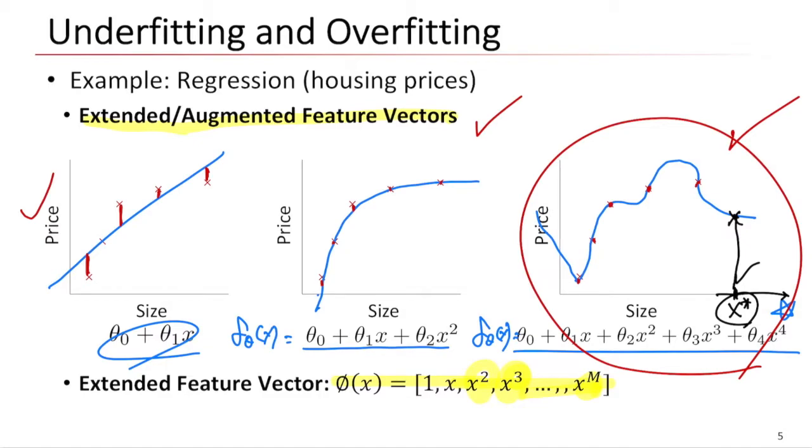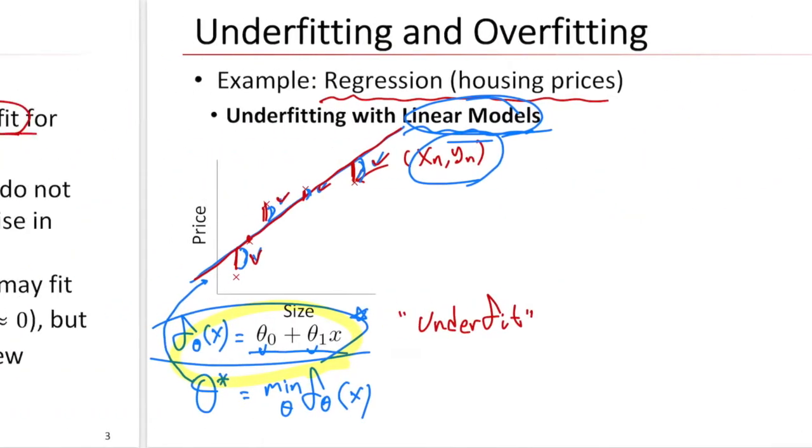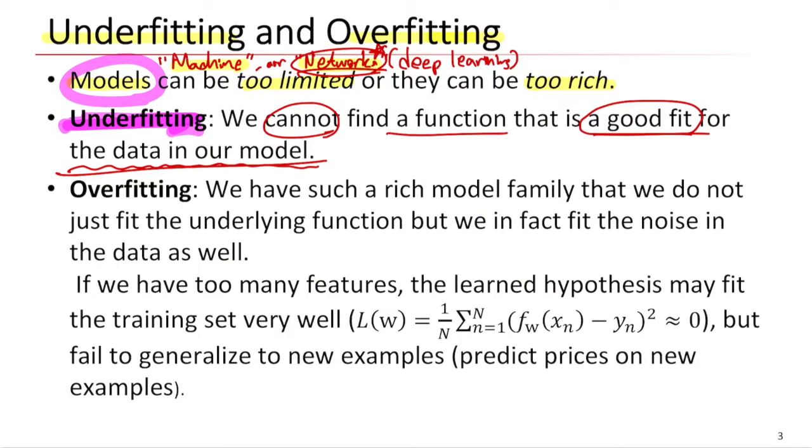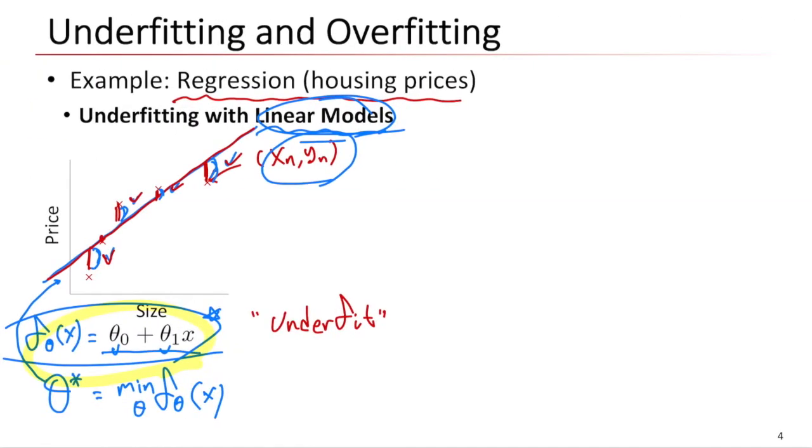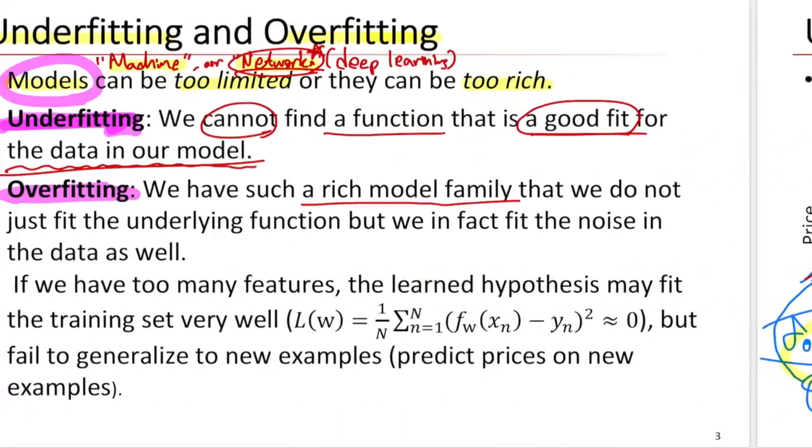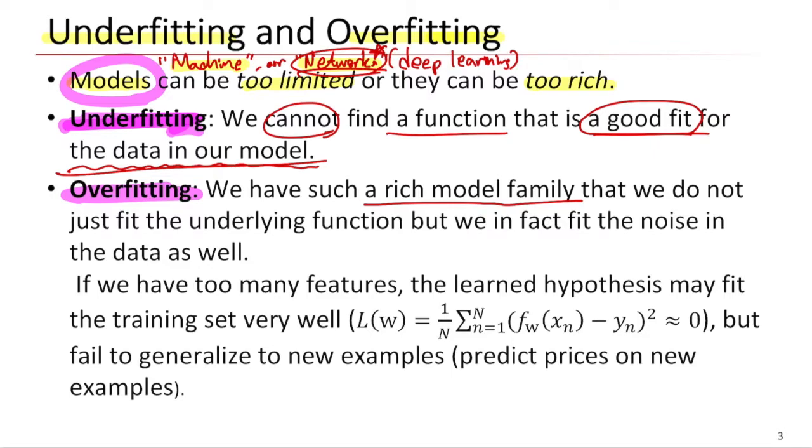This is called the overfitting case, right? If we go back to the previous one, what is overfitting? We had a rich model family, something like this, so that we fit not just the underlying function, but we fit the noise in the data as well. What does it mean?